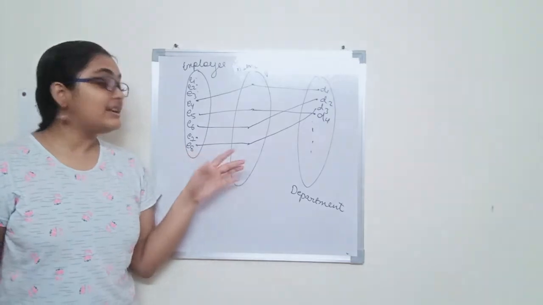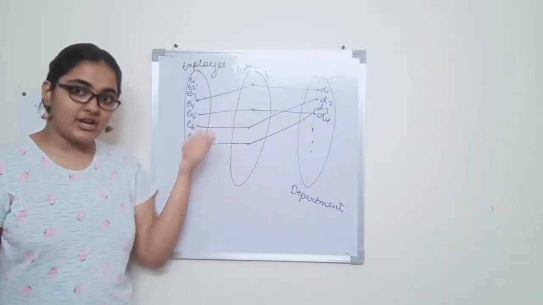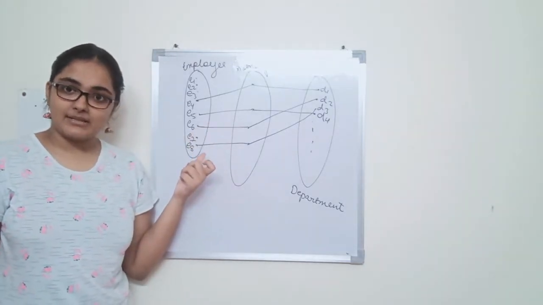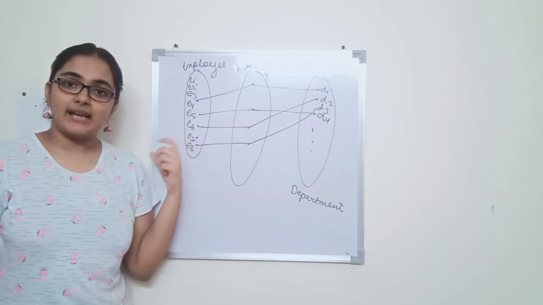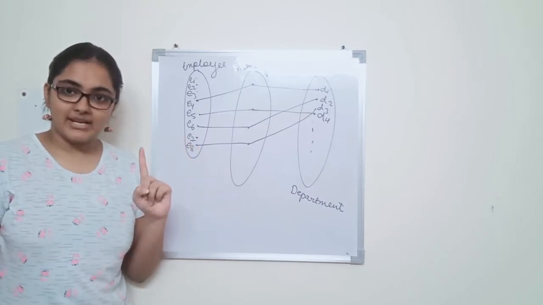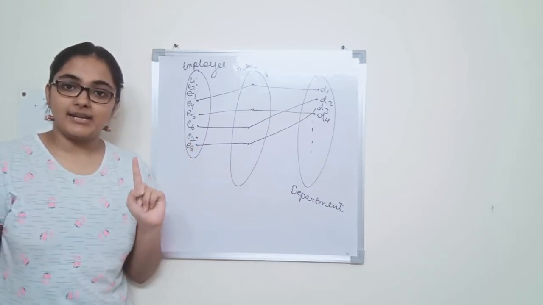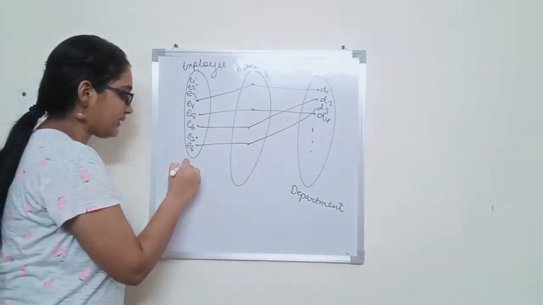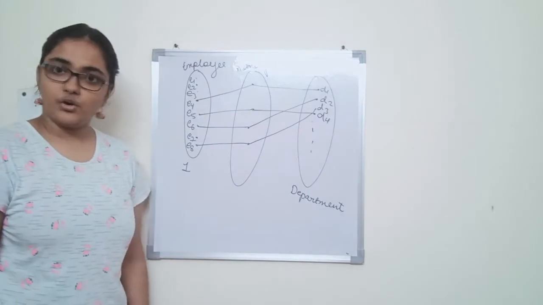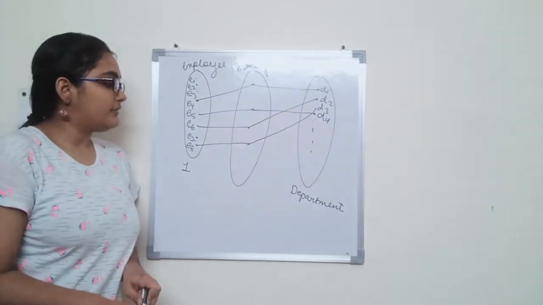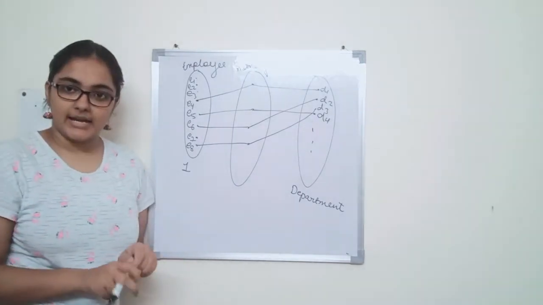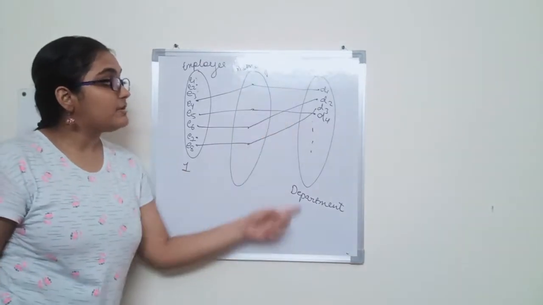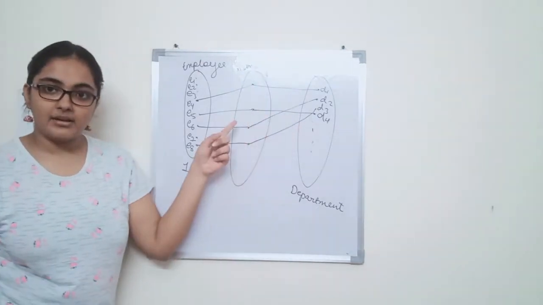So how many relationship instances does each entity of this entity type participate in at max? It participates in at maximum one relationship instance. So the cardinality of the employee entity type is 1.